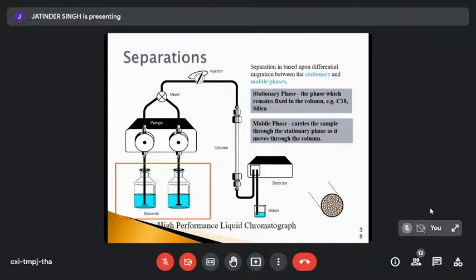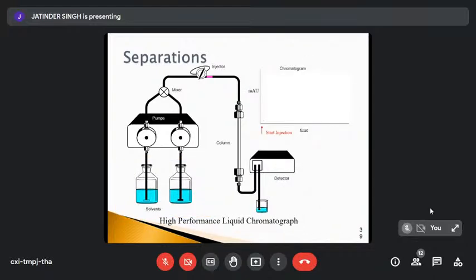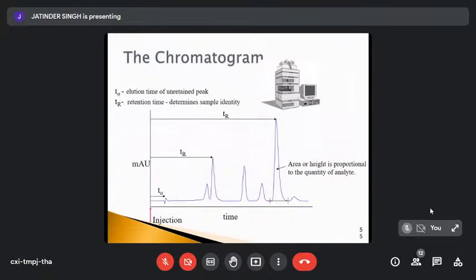It can be C18 or silica. Then the sample is injected and we get the chromatogram.